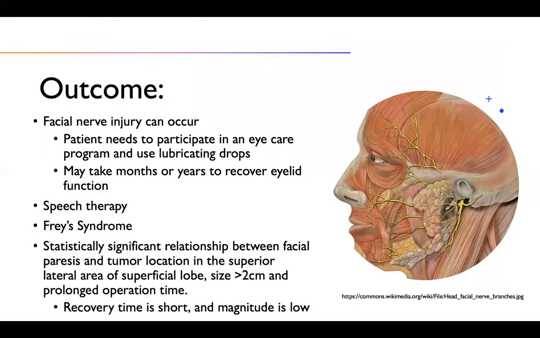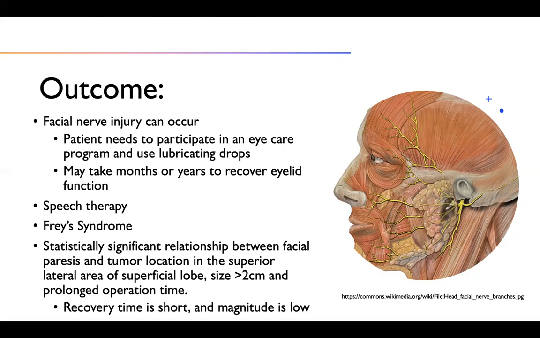Outcome, you can have facial nerve injury. It can happen. Patients need to participate in an eye care program and use lubricating drops, just to make sure that if there are any issues with the facial nerve and they're not able to blink their eye correctly and do certain things with their facial structures, that they're taking care of their eye or other structures, mouth, nose, that may be affected.